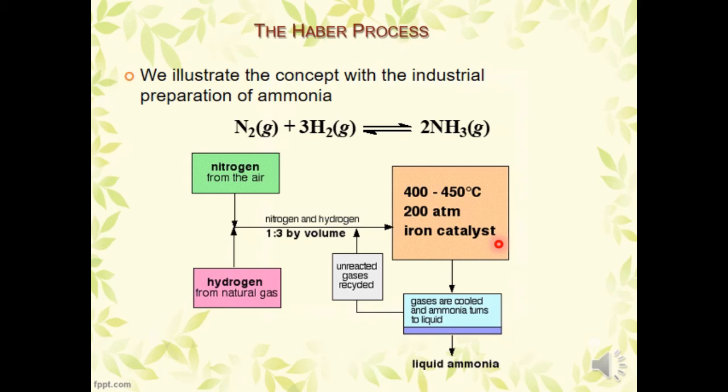An effective catalyst for the Haber process is iron tetroxide, Fe3O4, mixed with potassium hydroxide, silicon dioxide, and aluminum trioxide.